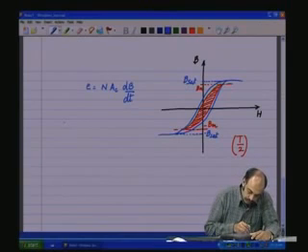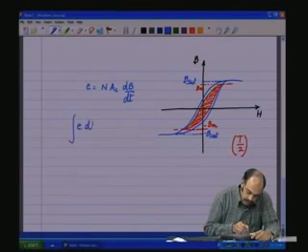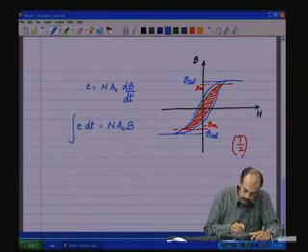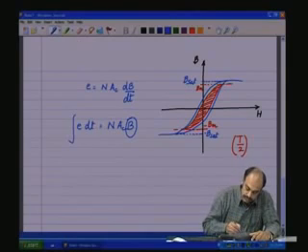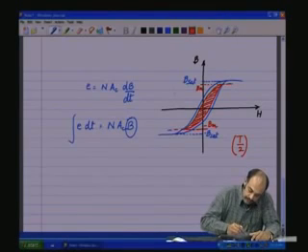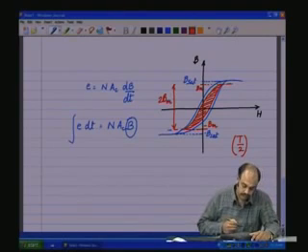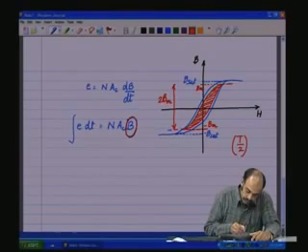So, we have integral E dt, which is equal to N Ac B, and the B has swung from minus Bm to plus Bm, that is a total swing of 2 Bm, in the time of 0 to T by 2.